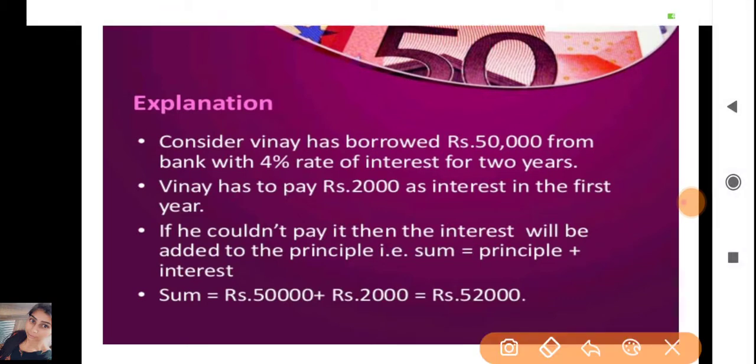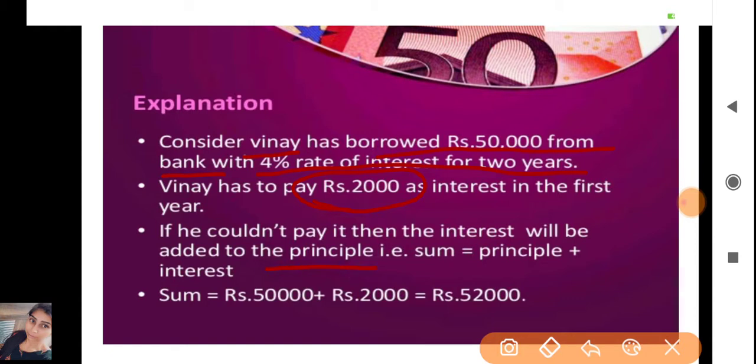There is a person whose name is Vinay. He has borrowed 50,000 from a bank at 4% rate of interest for 2 years. So he has taken an amount of 50,000 at 4% rate of interest for 2 years. So Vinay has to pay, see, the interest for the first year is 2,000 rupees, right? Suppose he is not able to pay this 2,000 rupees interest, so what will happen?